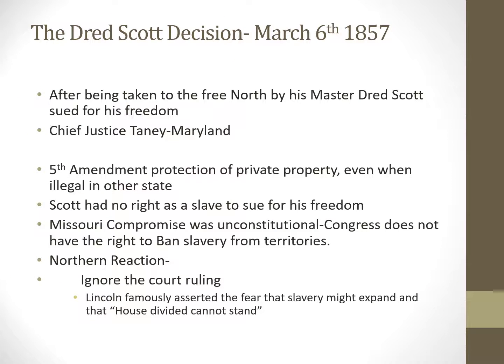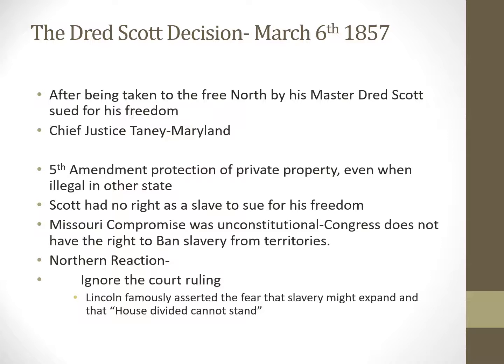Last thing I want to mention, I do want to mention the Dred Scott decision briefly. This is another significant factor, especially when you couple it into the Kansas-Nebraska Act and what the Kansas-Nebraska Act asserted about the 36°30' line, the Missouri Compromise line. I'm sure you guys have heard the story of Dred Scott. Dred Scott was a slave whose master took him to the north into places like Illinois.